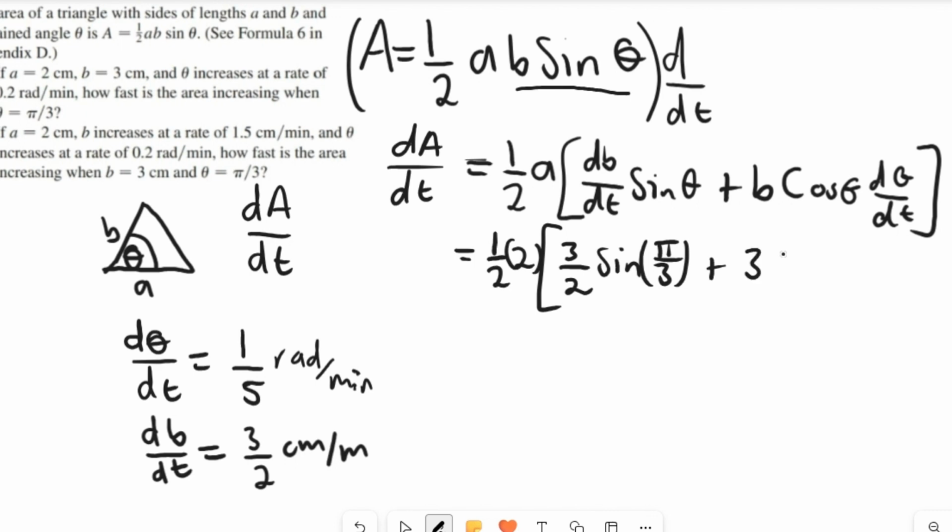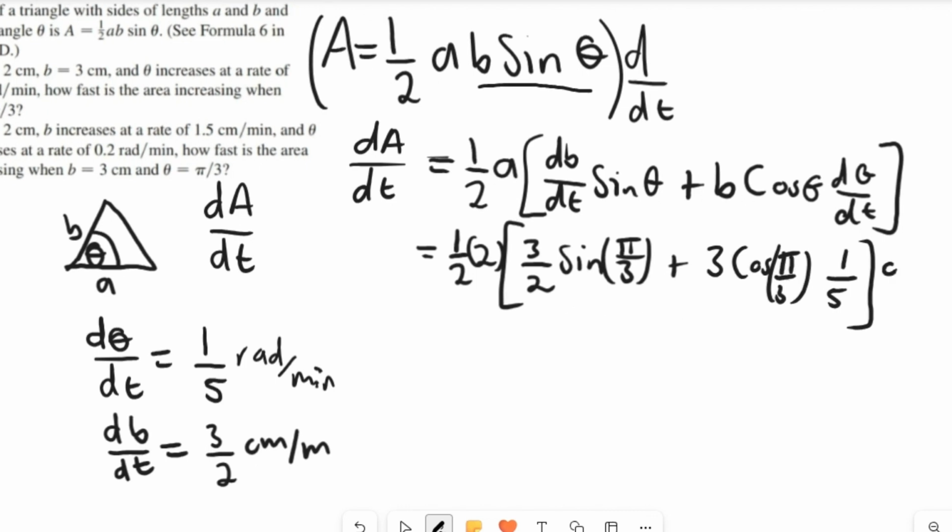You put 3 there, cos of pi over 3. d theta dt is 1 over 5. You put 1 over 5 there, and then you close. We have the answer for this one from the previous one, 3 cos of this, we know what the answer is. But we can just continue simplifying. The units here are still centimeters squared per minute.